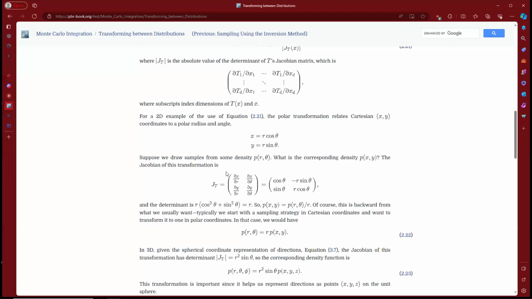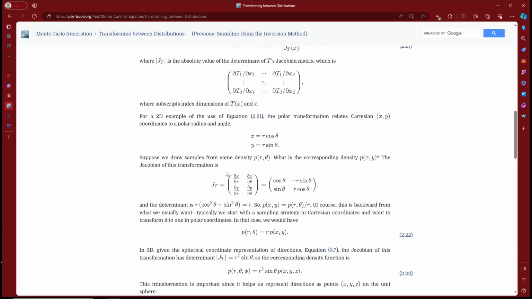Suppose we want to draw samples from some density p of r and theta. What is the corresponding density p of xy? The Jacobian of this transformation is that matrix, and we can evaluate that to get these different values for the Jacobian there.